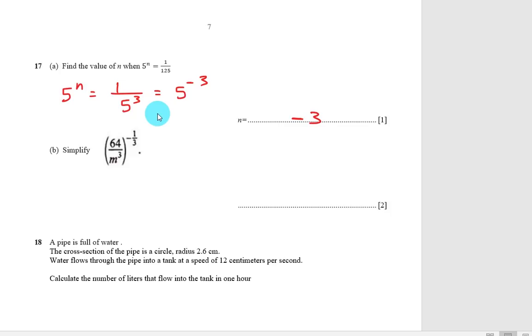Simplify 64 divided by m power 3, all of them to the power minus 1 over 3.